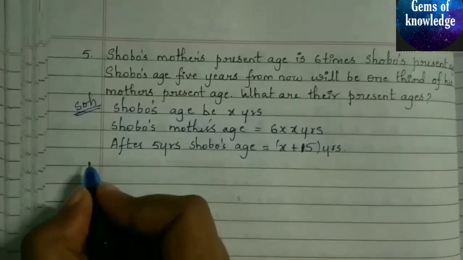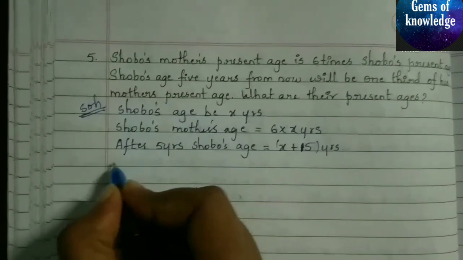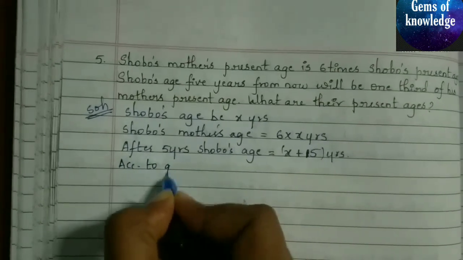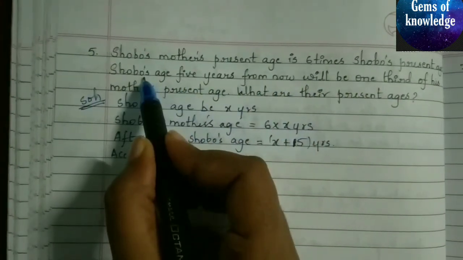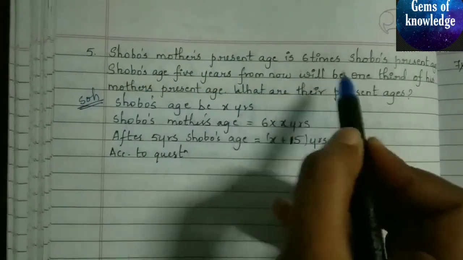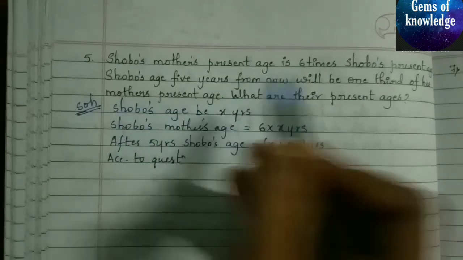Now according to the question, Shobhu's age 5 years from now will be 1/3 of his mother's present age.